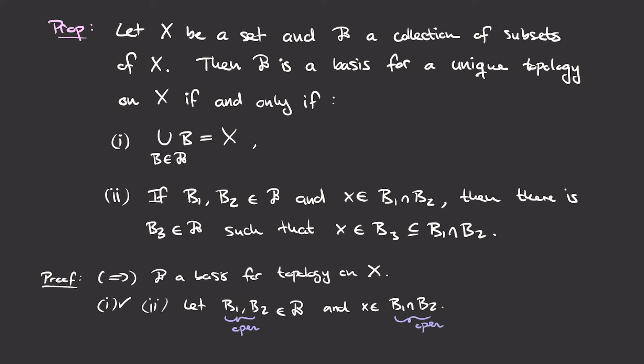Now all we have to do is think back to our basis criterion that we proved before, which stated that whenever we have a point within an open set, we can find a basis element that contains that point and is contained within the open set.